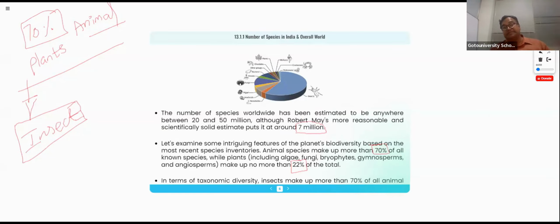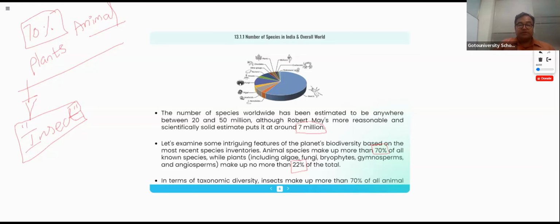Insect is also an animal. There is a separate department in India for aggressive studies of insects, called entomology.